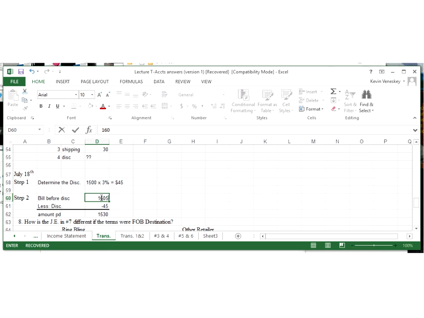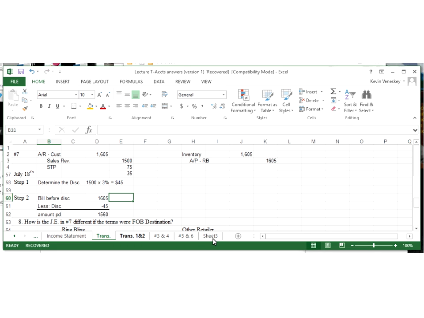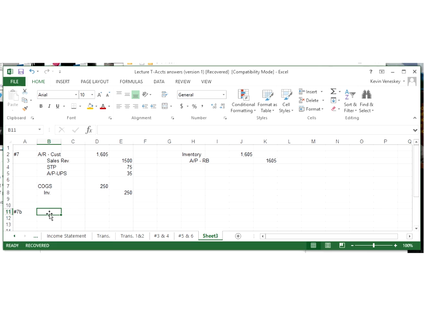The only thing that does change is the bill before the discount now is $1,605 instead of $1,575 because of the shipping. So $1,605 less the discount will be my final bill of $1,560. That's how much actually needs to be paid, so I can do the transaction. So what did I get? Ring Bling got cash.